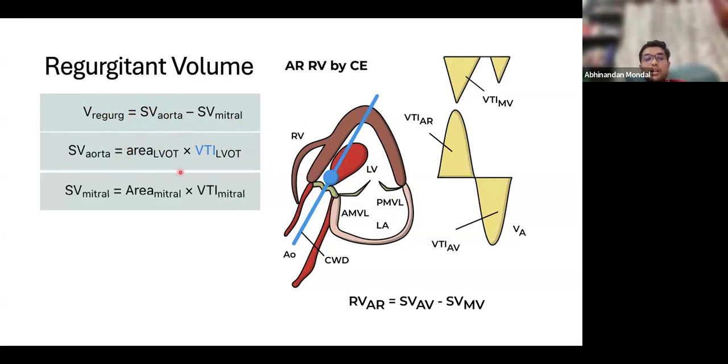That is the area of LVOT times the VTI of LVOT. In stroke volume of mitral, you calculate the area of mitral times the VTI of mitral. If we subtract SV mitral from SV aorta, you will get the regurgitant volume.